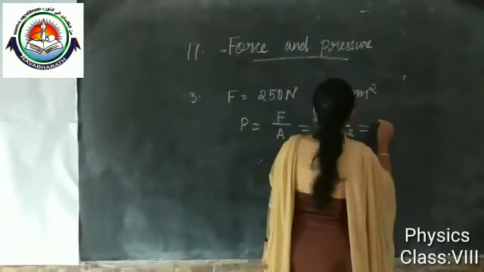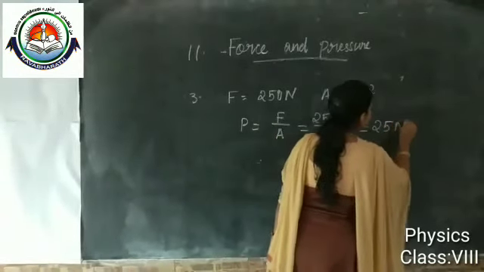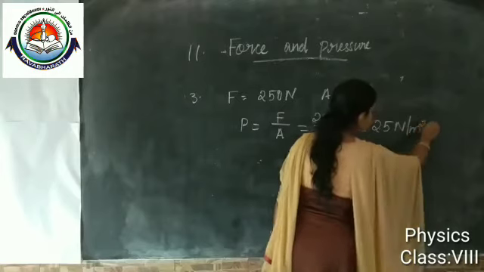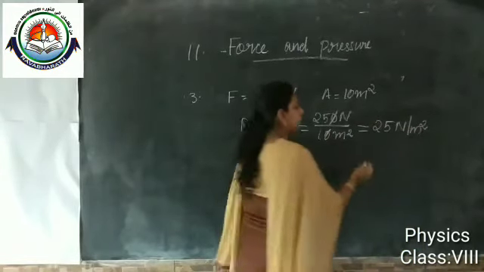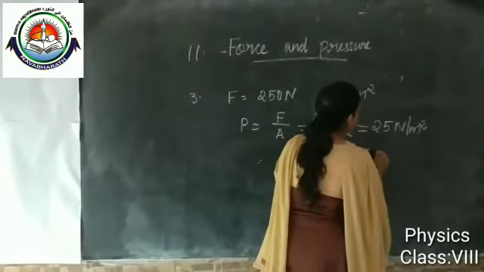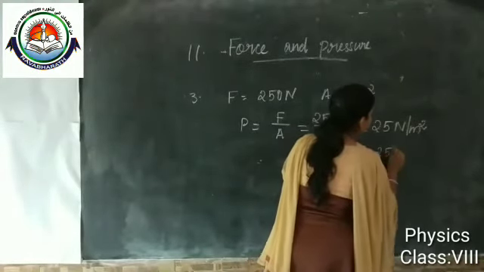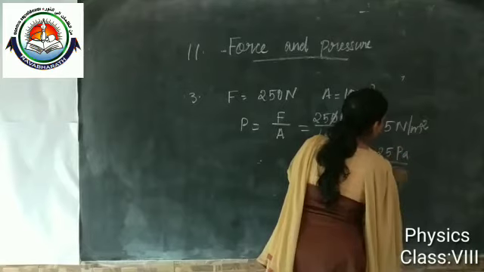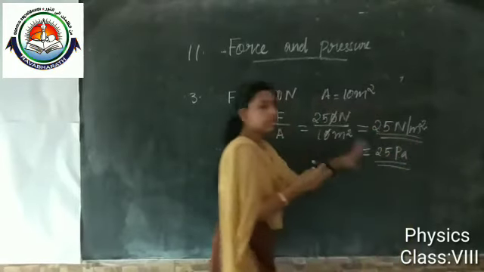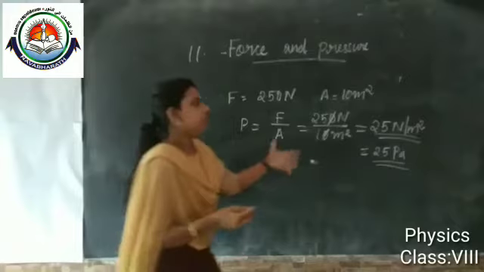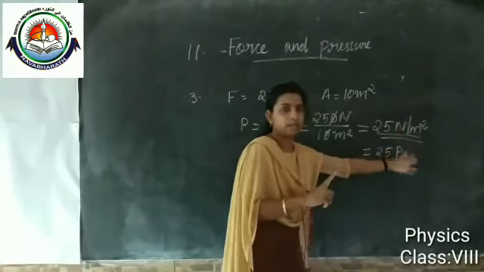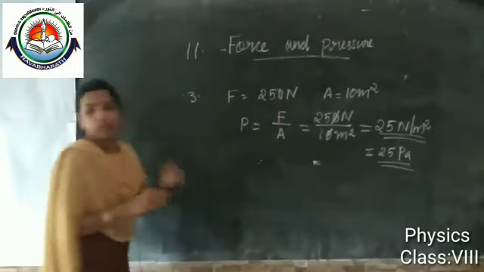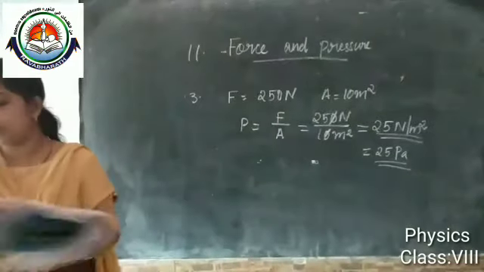So our final answer is 25 Newton per meter square, or this unit we can write as Pascal, then it will become 25 Pascal. So both are the answer, you can write any one. If you are expressing in Newton per meter square, that also is fine. Okay. So that is the answer of our third numerical.